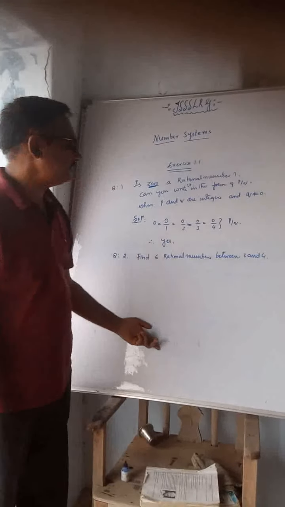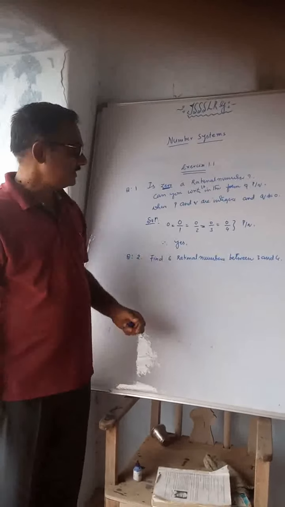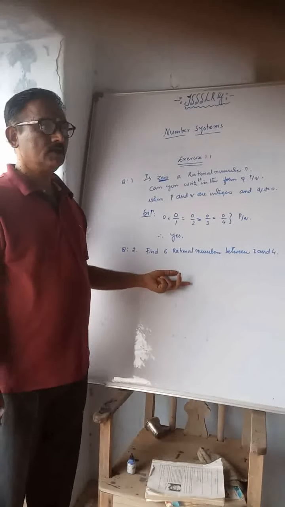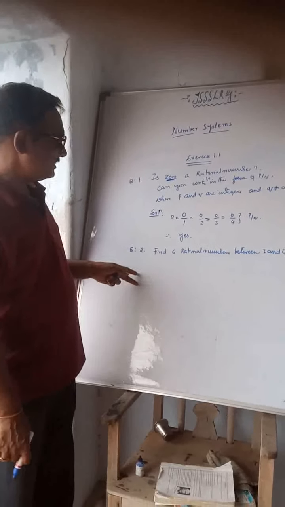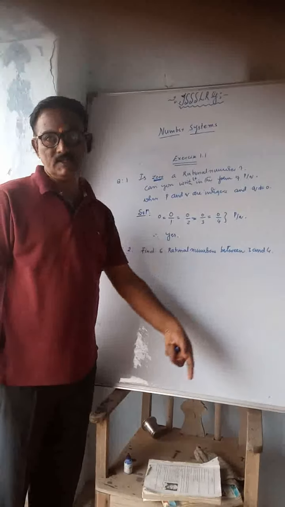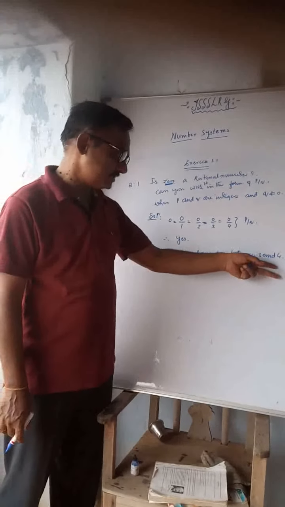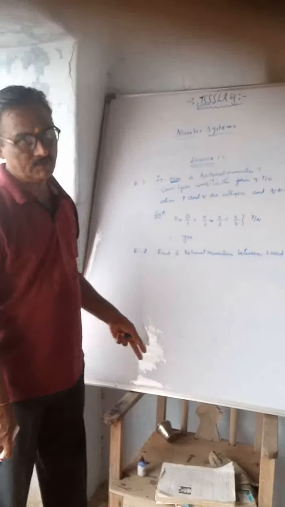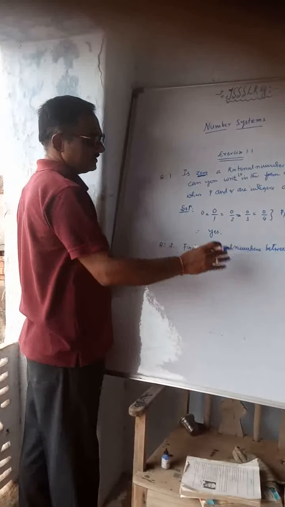As we know, if we take any 2 rational numbers, there are as many rational numbers as we like between the 2 rational numbers, or we can say that infinitely many rational numbers are there between the 2 rational numbers. Unlimited rational numbers are there between 2 rational numbers.